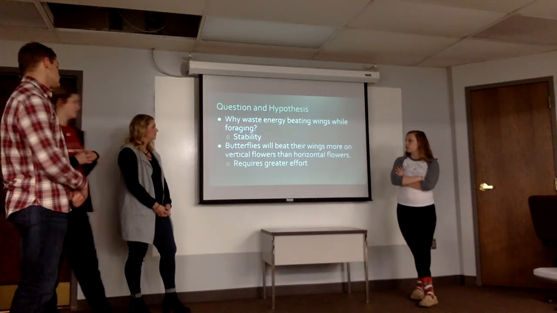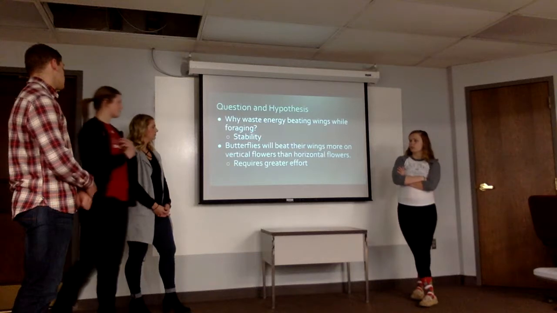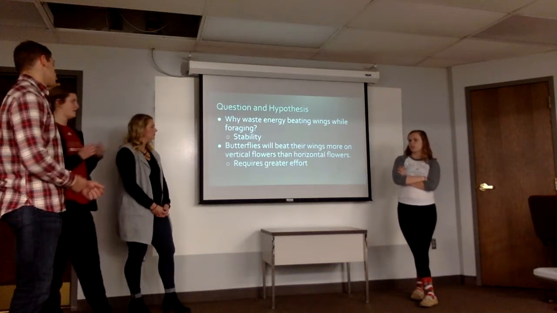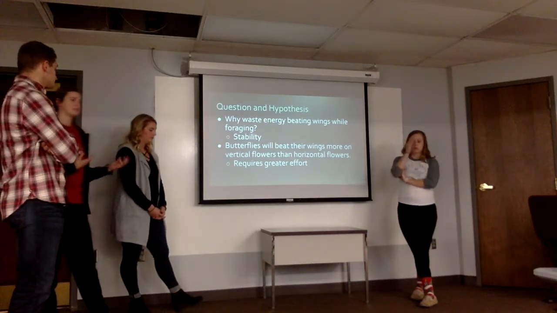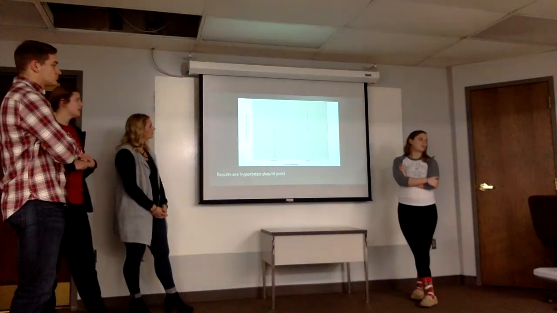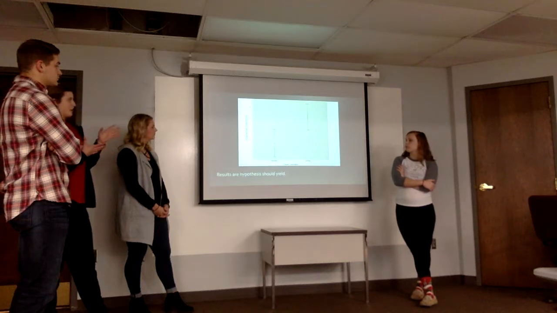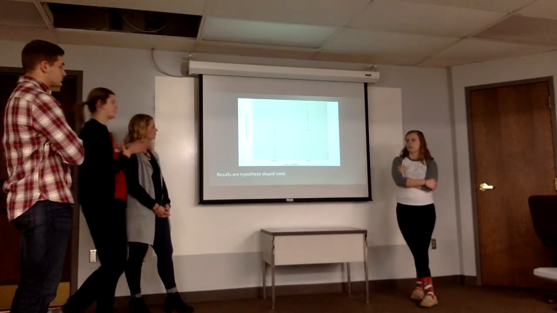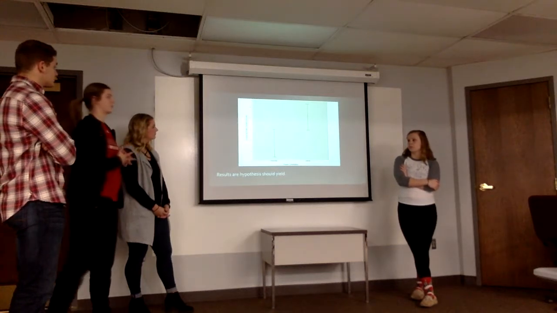And so that brought our hypothesis, which is butterflies will beat their wings more on a vertical flower than a horizontal flower, because on a vertical flower we thought that they would flap their wings more to stabilize themselves. And this is what our data would look like if our hypothesis were true. The horizontal flower would have fewer wing flaps than a vertical flower.